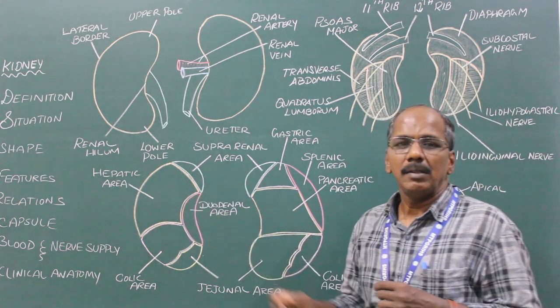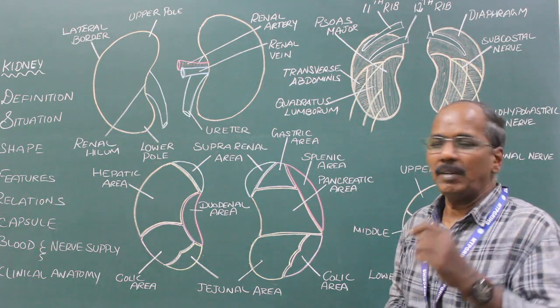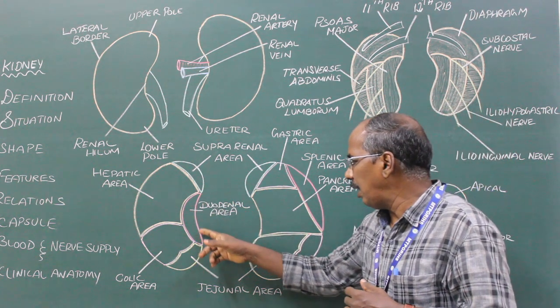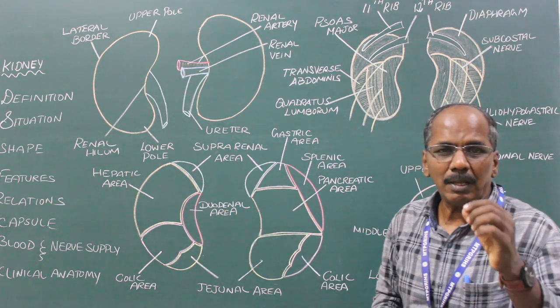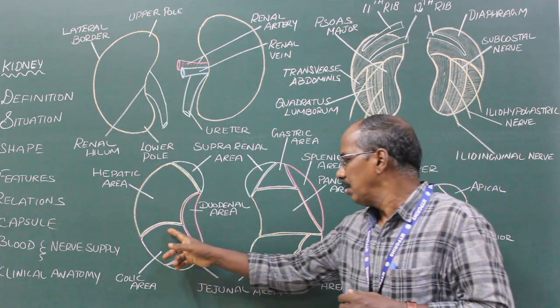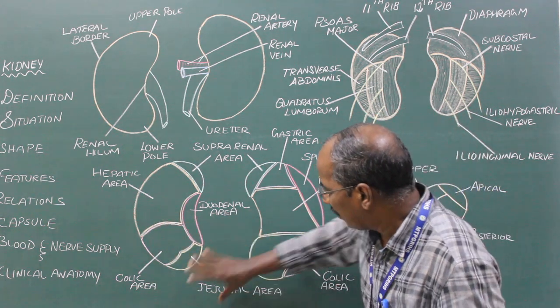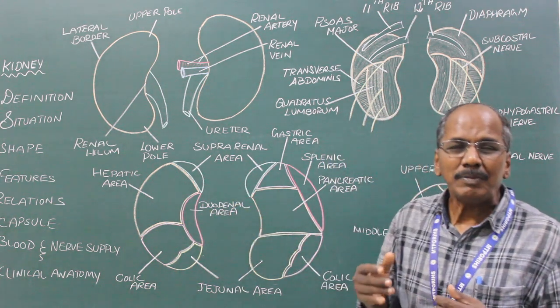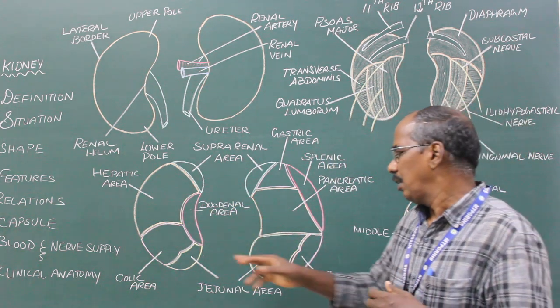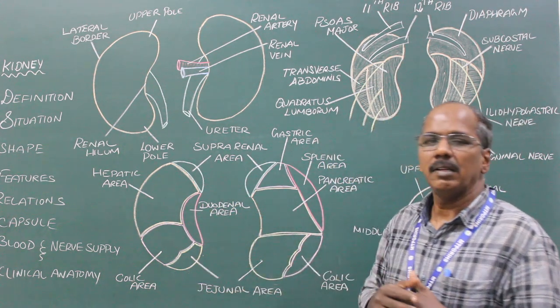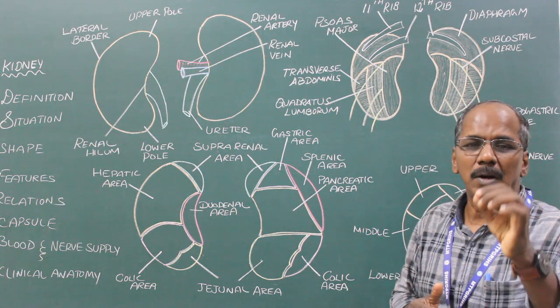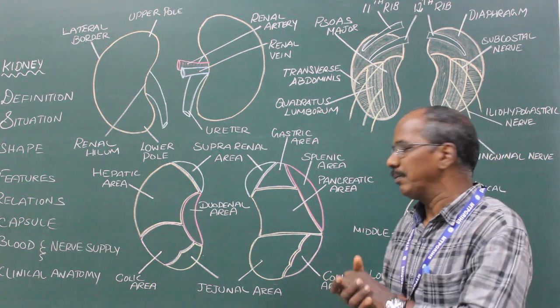Hepatic area related to the inferior surface of the liver. Duodenal area related to the second part of the duodenum. Colic area related to the right colic flexure or hepatic flexure. Jejunal area related to coils of small intestine, that is jejunum.